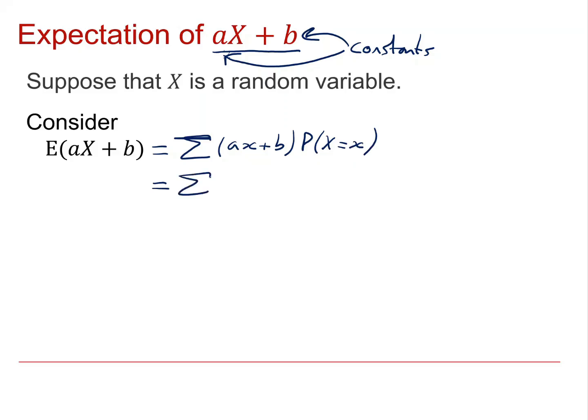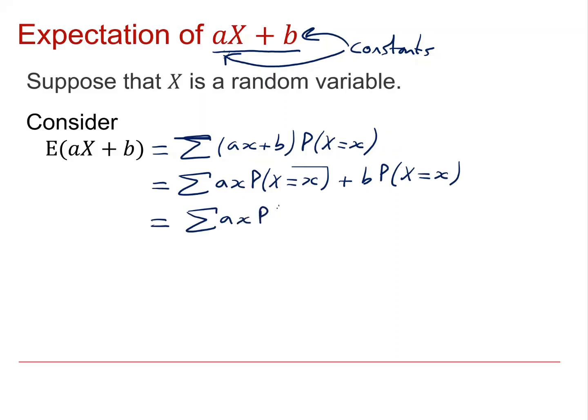Now, I can multiply that out to make ax times the probability that X equals x plus b times the probability that X equals x. And if I'm summing up two things inside a summation, I can then split those apart to get the sum of ax times the probability that X equals x plus the sum of b times the probability that X equals x.